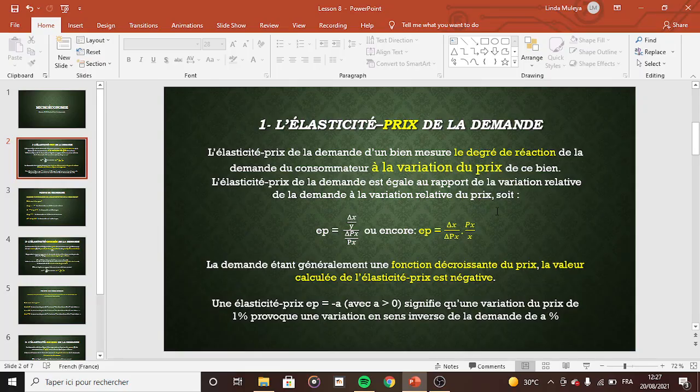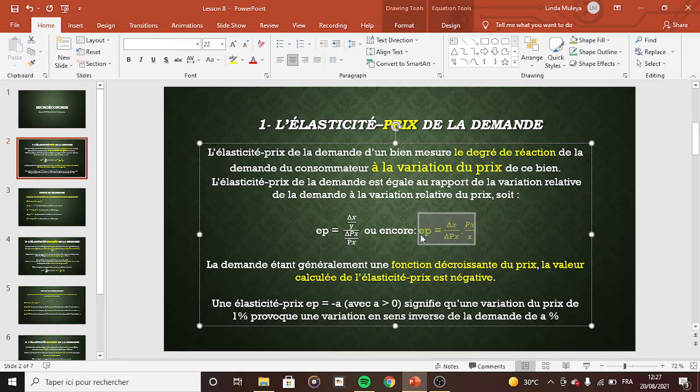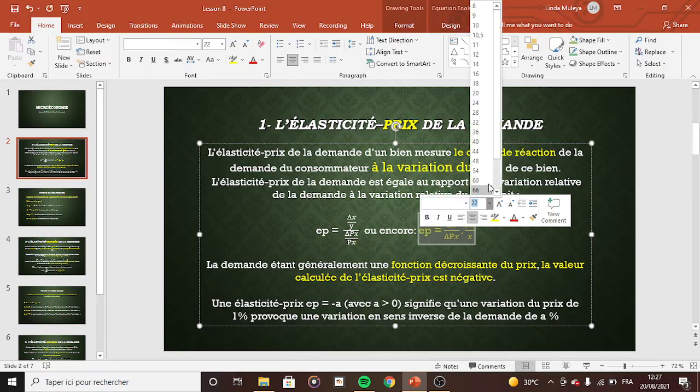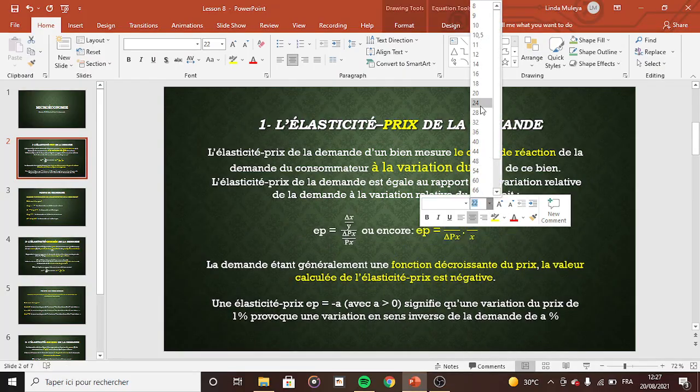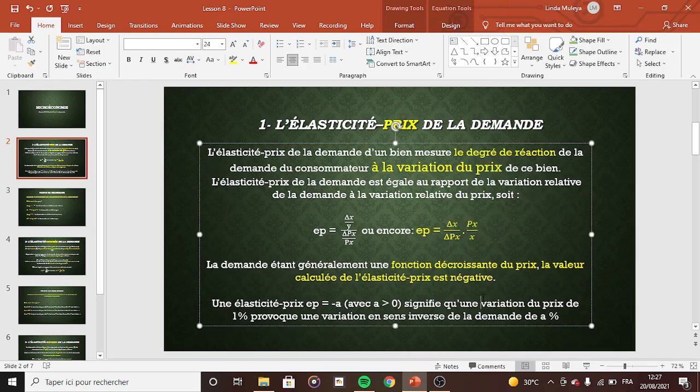So variation of demand in ratio to the variation of price. And so we have our final formula here. This should be what you pay attention to, because it's what you use mostly. So élasticité prix is equal to the variation of x over the variation of the price of x multiplied by the price of x over x.